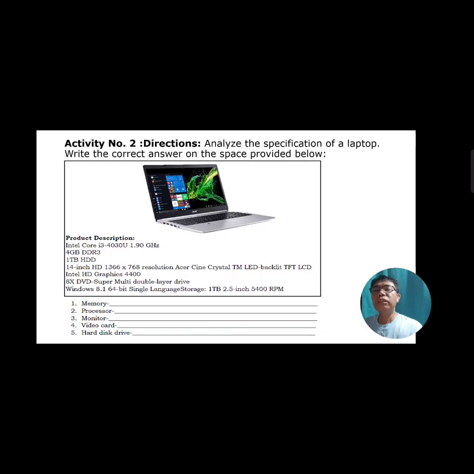Then we have your Windows 8.1 64-bit single language. Now all of that product description, you have to classify whether it is item number 1, item number 2. Item number 1, by the way, is the memory. Item number 2 is the processor. Number 3, monitor. Number 4, video card. Then hard disk drive. So on the space opposite on the right, you will write those product descriptions, whether it's item 1 to 5. Pause the video.